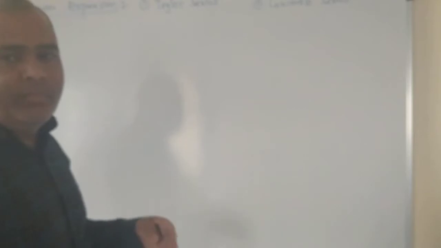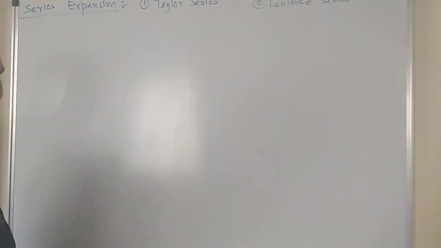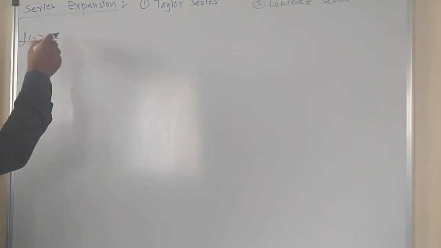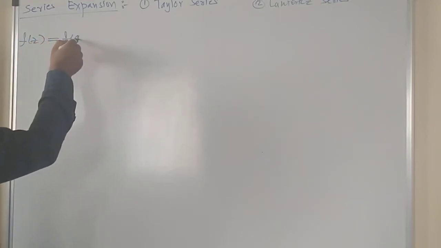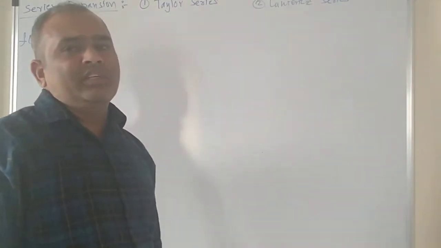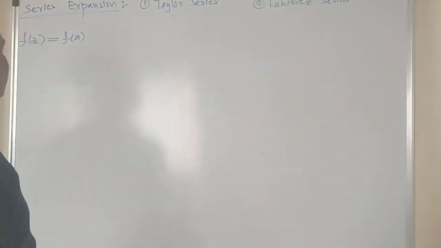So let me write both the series first. Let us say f of z is a function, and for this particular function f of z, the Taylor series is equal to f of a, where a is a particular singular point around which the function is singular.